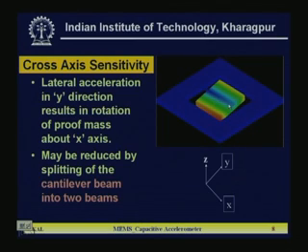If you move the structure along y direction or along x direction, the gap of the parallel plate capacitance should not change, but here it is going to change, because you see this portion of the proof mass, or seismic mass, will go up and this side will go down, because it tries to rotate along the x direction. So, this kind of structure is not very good so far as cross axis sensitivity is concerned.